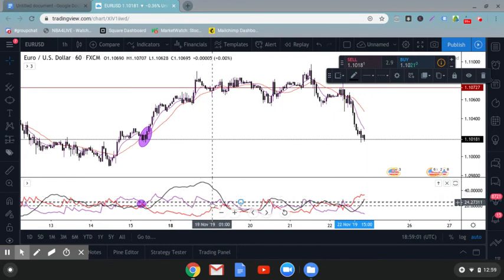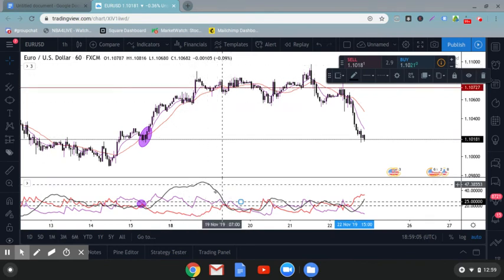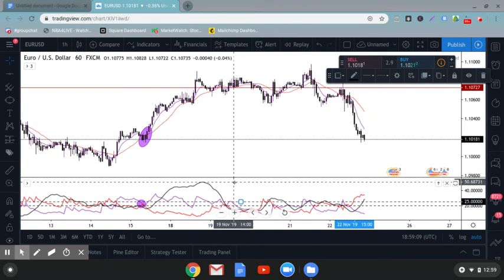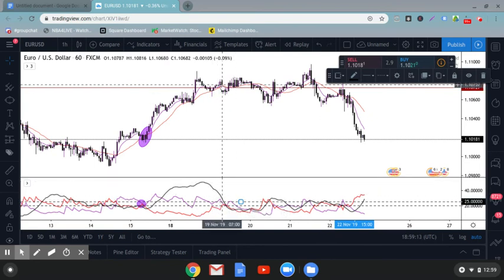And then again, this pullback started to happen. People probably would have exited, right? It did not close. It didn't go below our 20, so we would have held this trade and gone back up. You see what I'm saying? And then you start to get some more, right? And then you have a cross again.